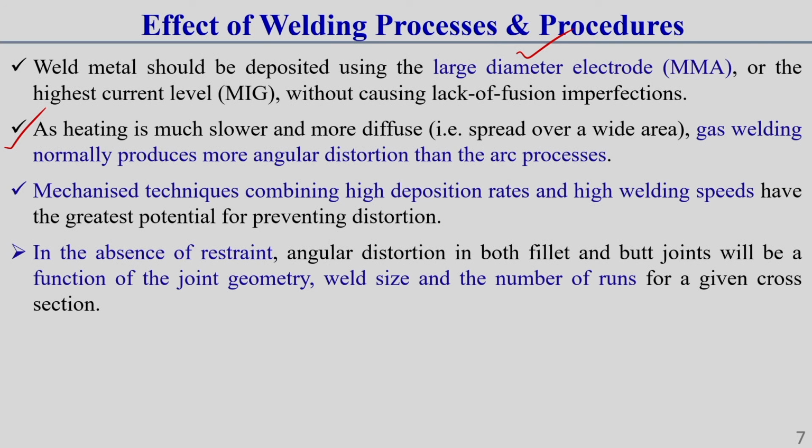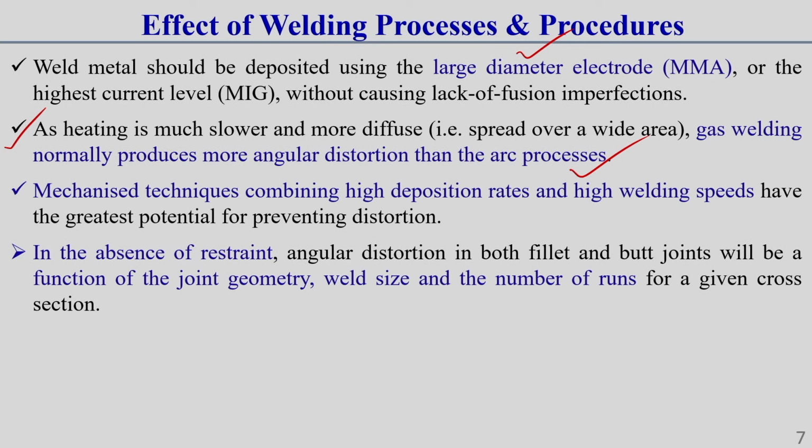So the volume of material expansion and contraction in arc welding is less than in gas welding. That is why in gas welding techniques we get more distortion than in the arc welding process.